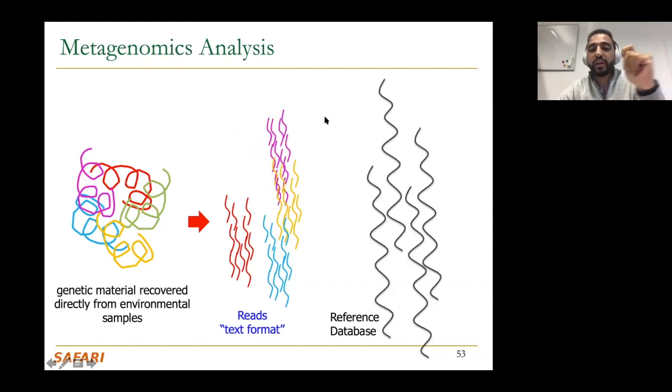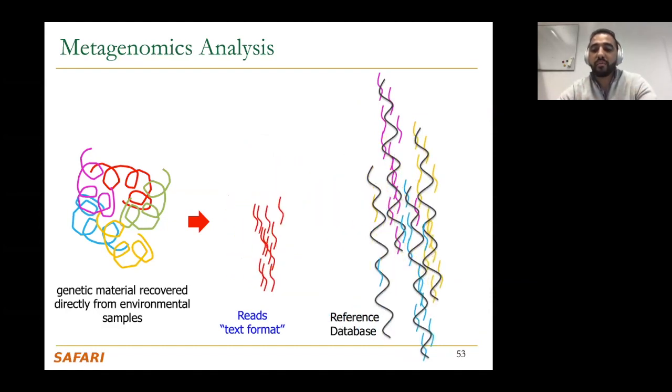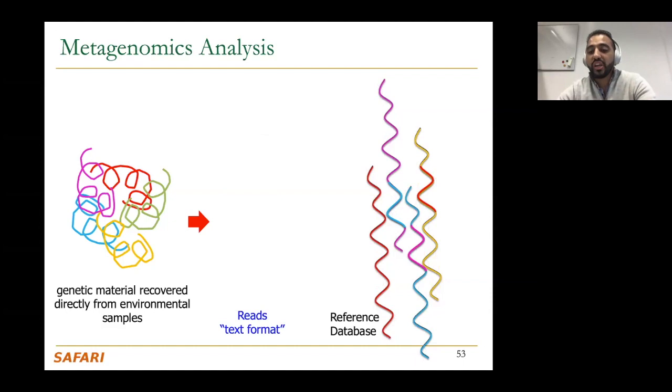So you try to match these reads, and they might match partially to reference A. They again might partially match to reference B, and so on. And then at the end, you will see a lot of shared pieces from your sample DNA to many of these references. Then it's very challenging to decide what you really have in your sample.